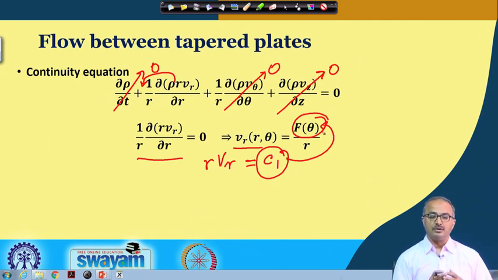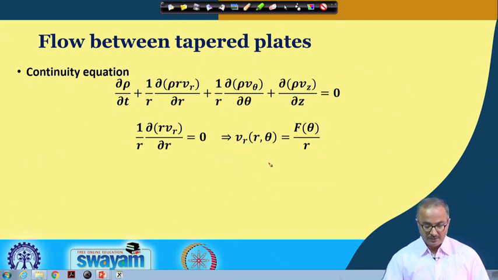That means VR is going to decrease with an increase in the radius. These relationships will be used later when we go for the solution of these equations. We will be needing this particular relationship.